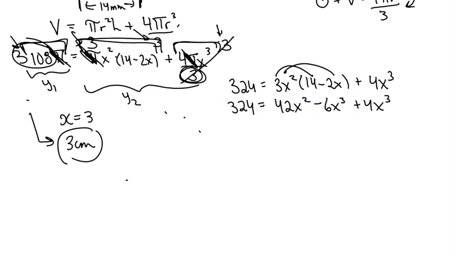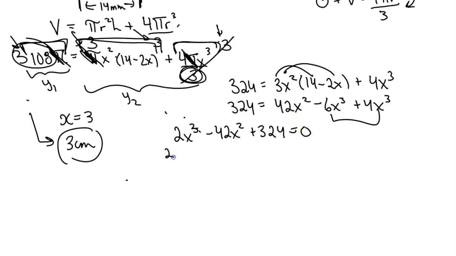And we should get everything onto one side. So you could join these like terms and you get negative 2x squared. Let's bring that all onto the left side and we get positive 2x cubed minus 42x squared plus 324 equals 0.